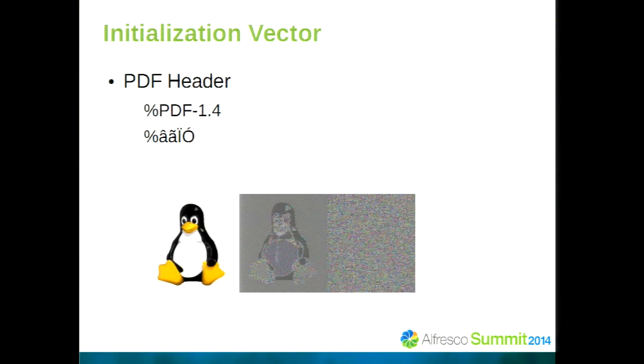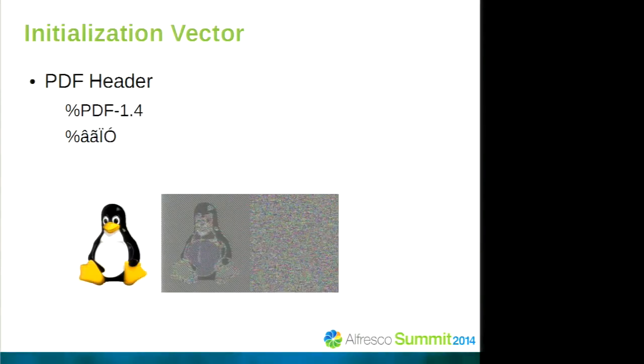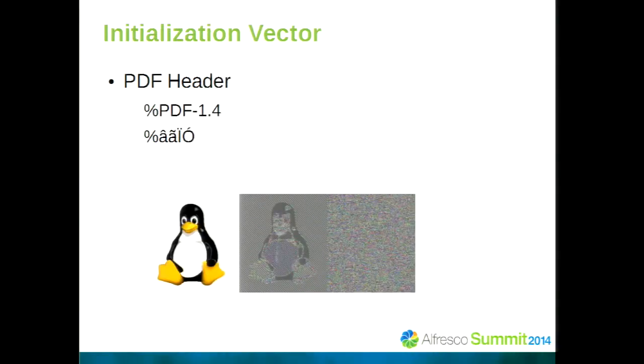Those first two lines happen to be exactly 16 bytes. So if you were to encrypt without an initialization vector, every document, if you encrypt them all with the same key, would look exactly the same on the first 16 bytes. A crypto analyst would look at that and say, wow, all these documents start the same way. They already have insight into your data because of that, and that could help them along the line trying to decrypt it.